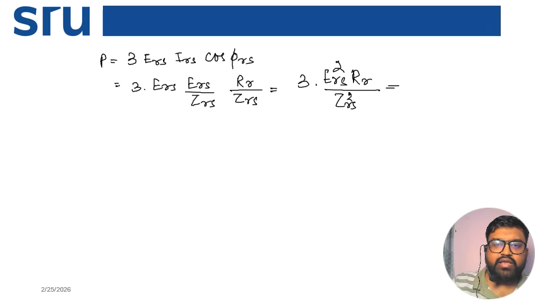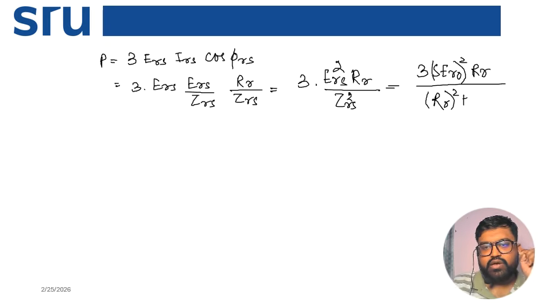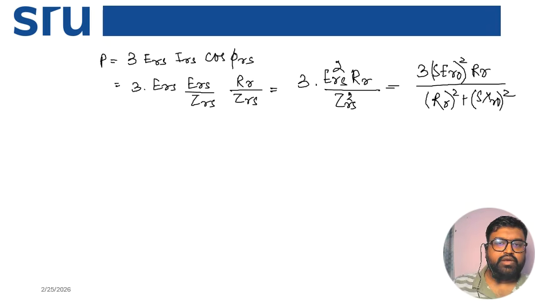And in this place, can I write 3 into ERS is nothing but that is your S into ER0 whole square into RR divided by RR square plus S into XR0 square. The root over is cancelled with the square.